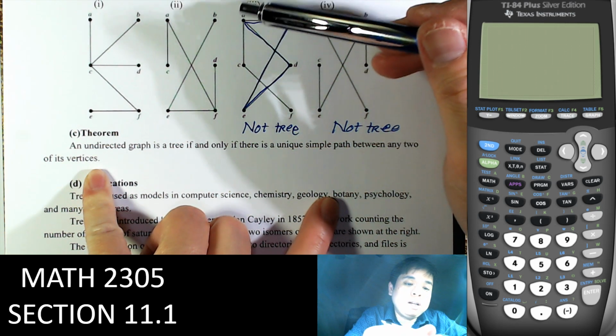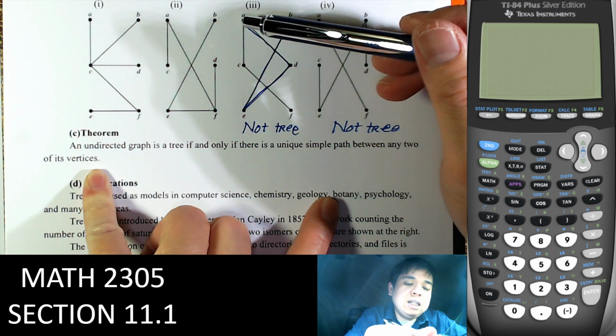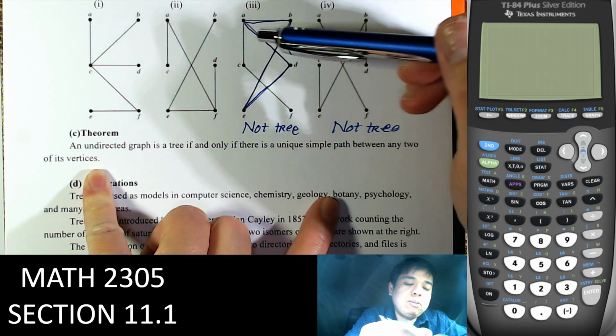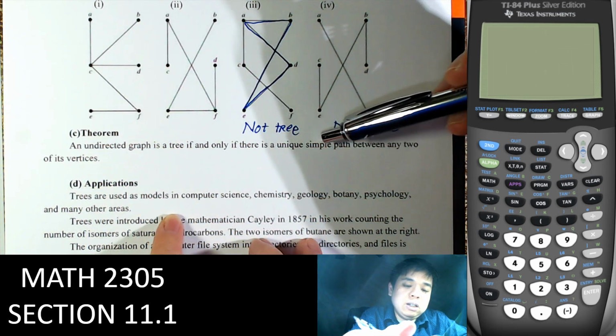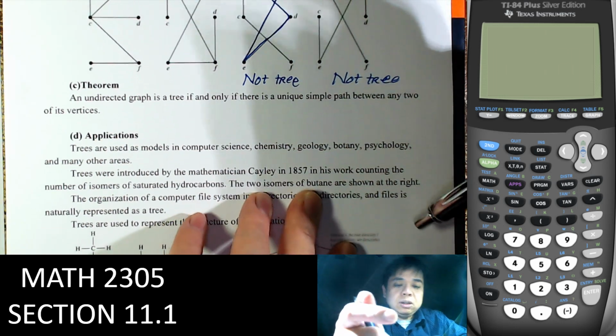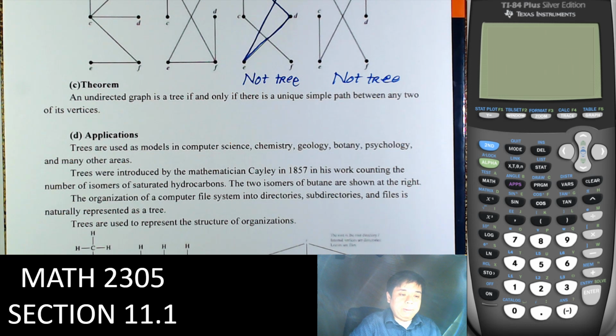This graph is not unique from A to D, for example, you can go straight, or you can go the other direction. So that's why it's not a tree.